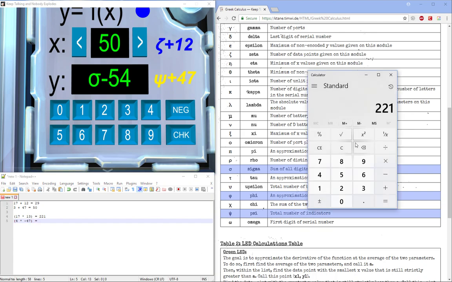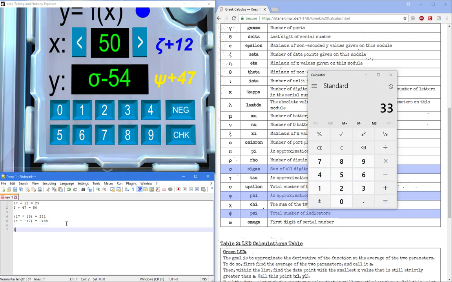And we take, let's see, 54 minus 7 is going to equal 47, times 4 is going to equal negative 188. So we take 221 minus 188, we get 33 is our answer.